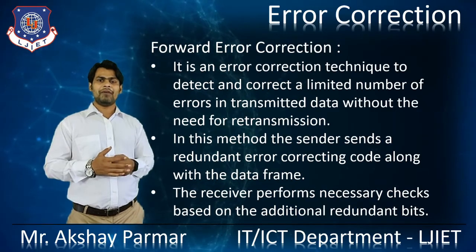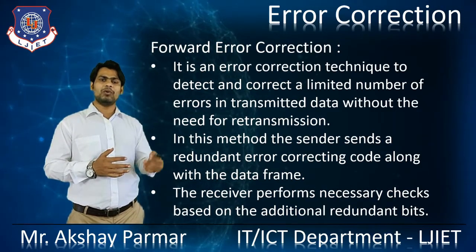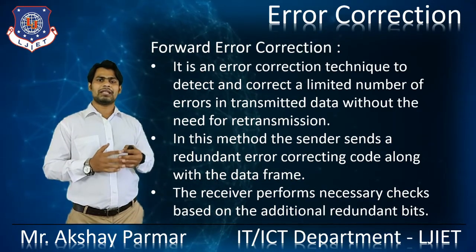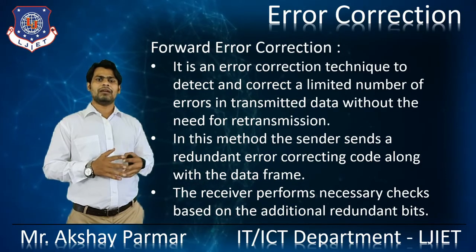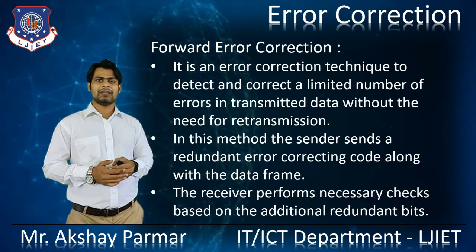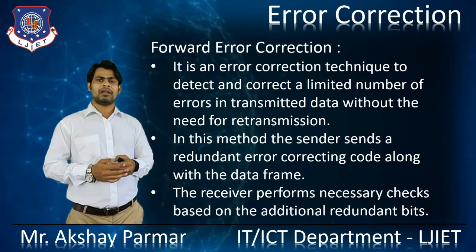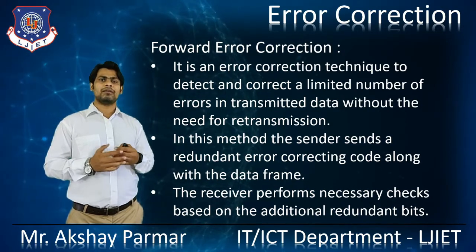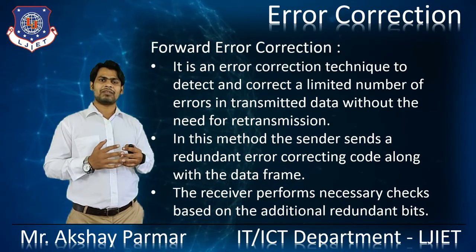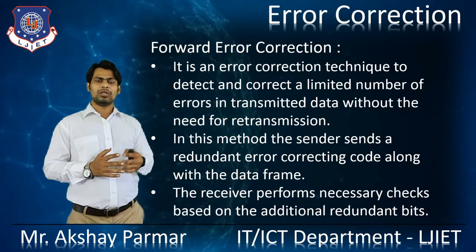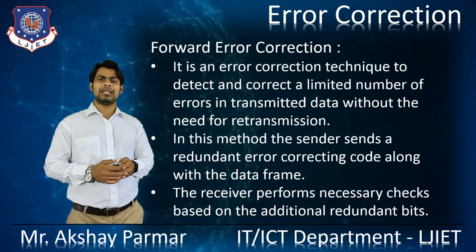With the help of that redundant error correcting code, the receiver performs the necessary checks to see if an error is there or not. If there is an error, it applies the error correction methods and gets the original data which was sent by the sender.